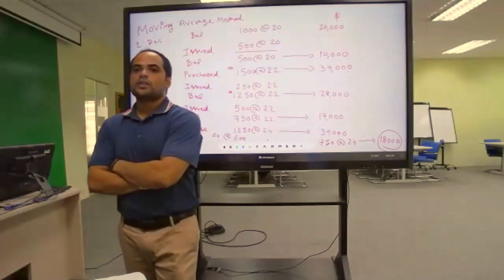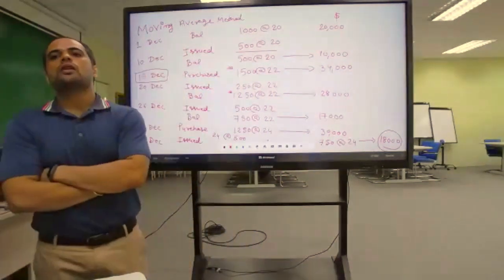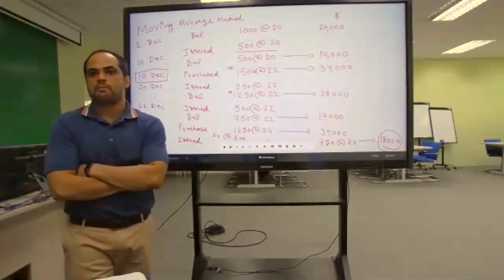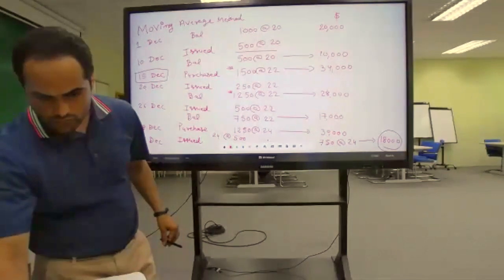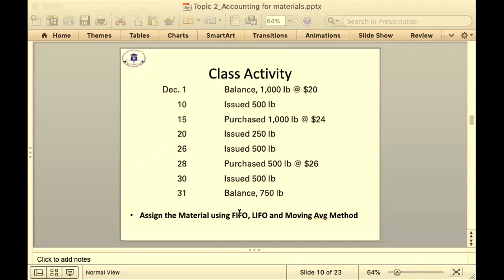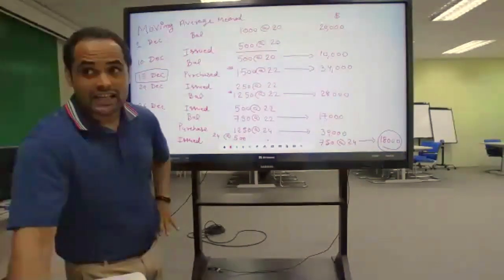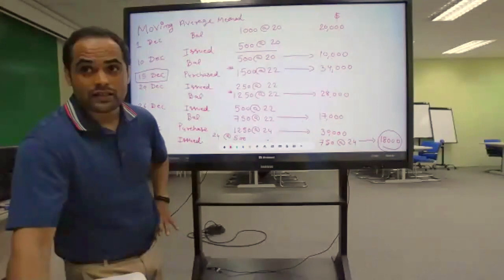So according to the moving average method, the value of this 750 will be 18,000.